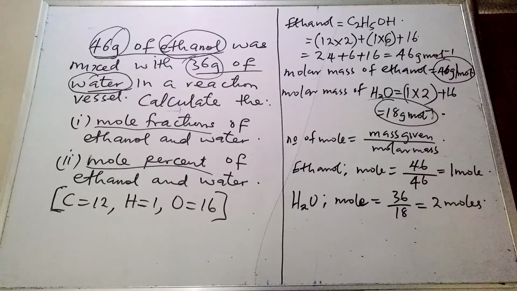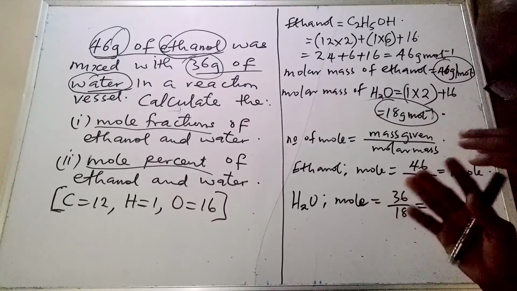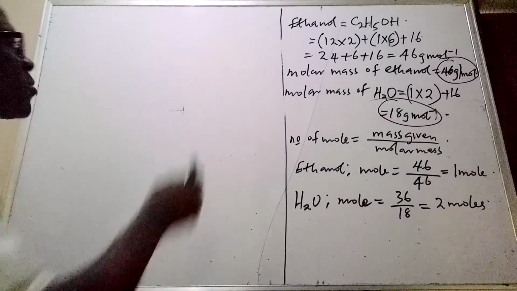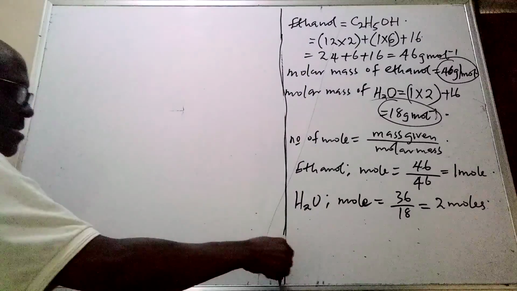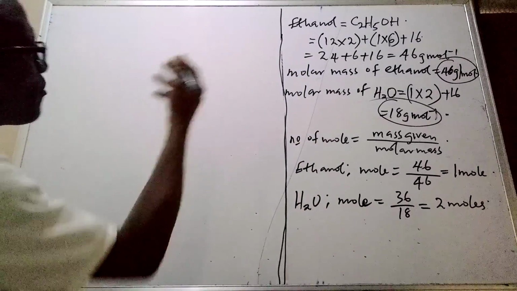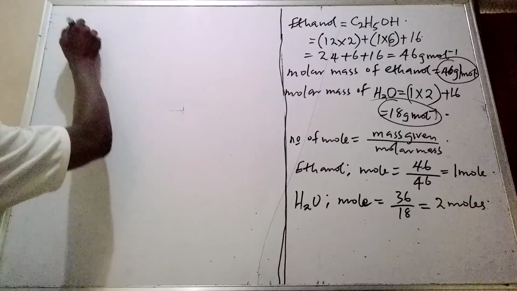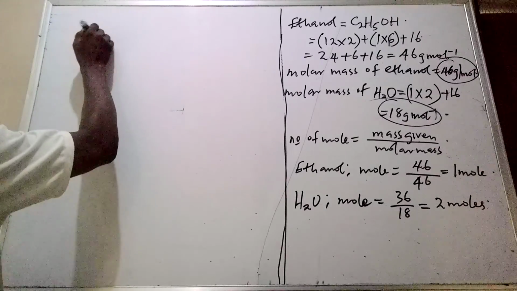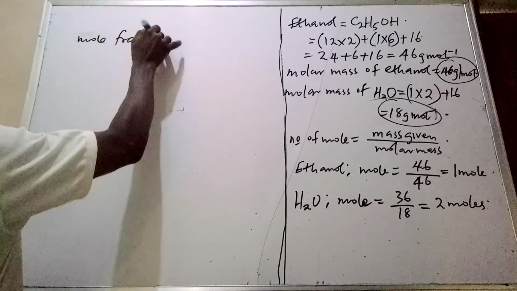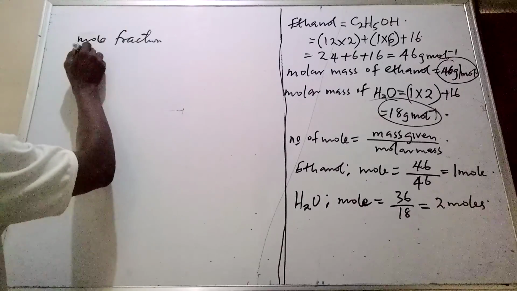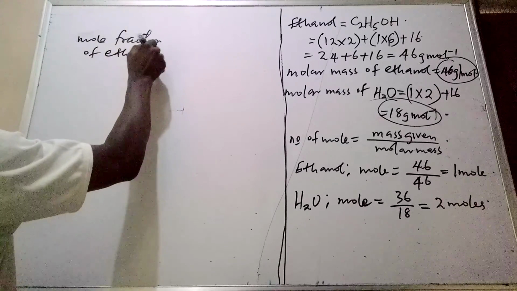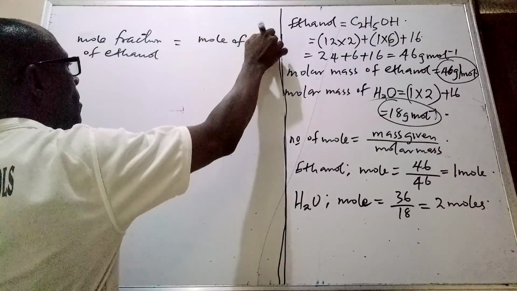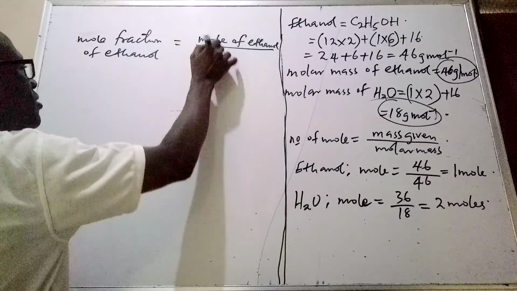Alright. Once we have found this, we are almost done with the question. So what next? You now apply your mathematical knowledge of ratio. This is where the knowledge of mathematics will play its role. To find mole fraction, the first thing, mole fraction of ethanol will be mole of ethanol over total ratio.